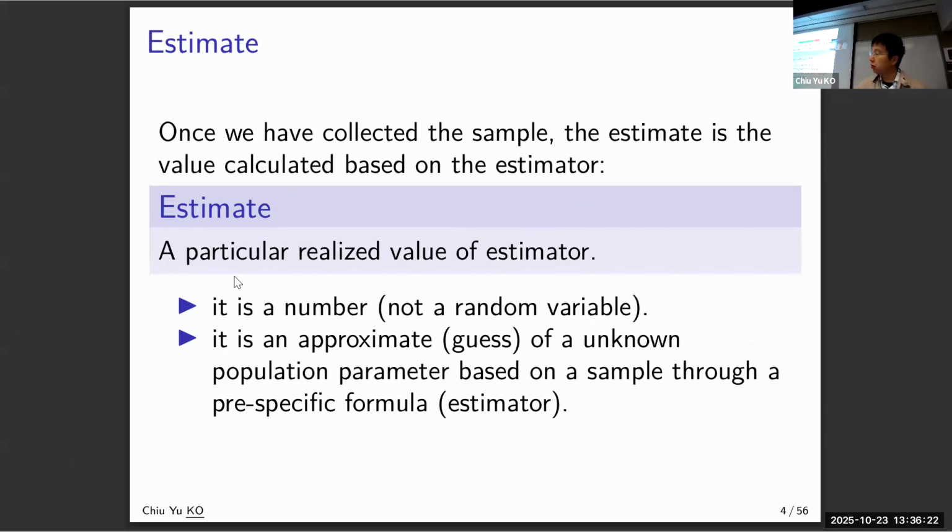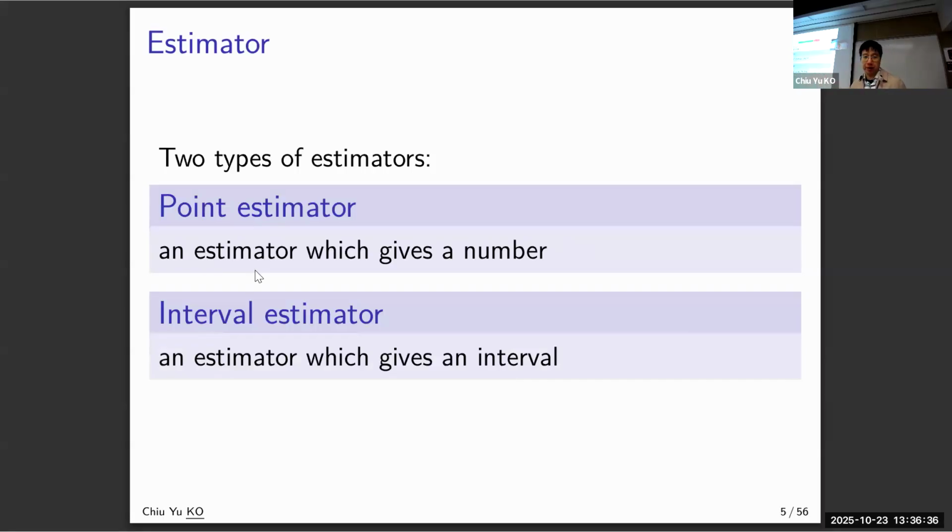And just to remind you, an estimate is just a particular number, but it is not a random variable, and as such we don't have any properties to say about an estimate. And there are two types of estimators. One is point estimate, the other is interval. A point estimate gives you a number, and an interval gives you a bunch of numbers, right?